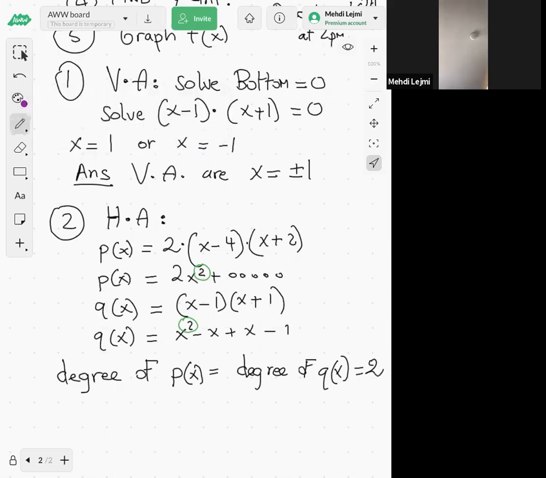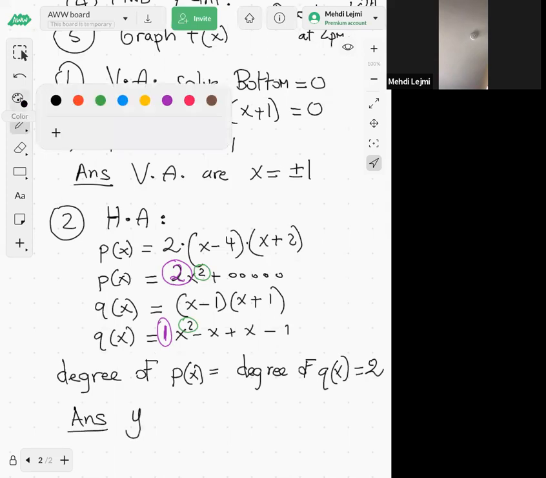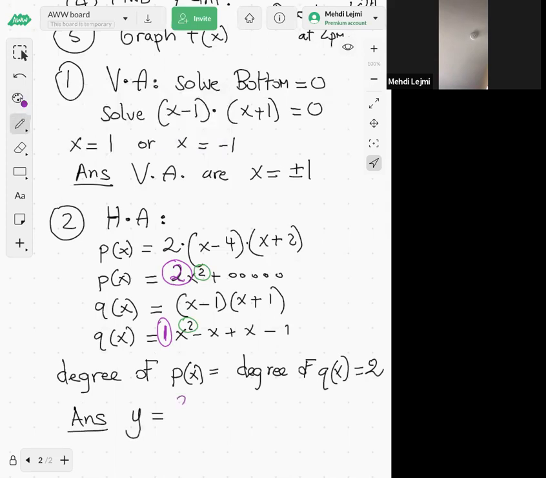The leading coefficient of p of x is actually 2, and the leading coefficient of q of x is 1. So the answer, y equals 2 over 1, which is of course equal to 2, is the horizontal asymptote. Okay. The x-intercepts.